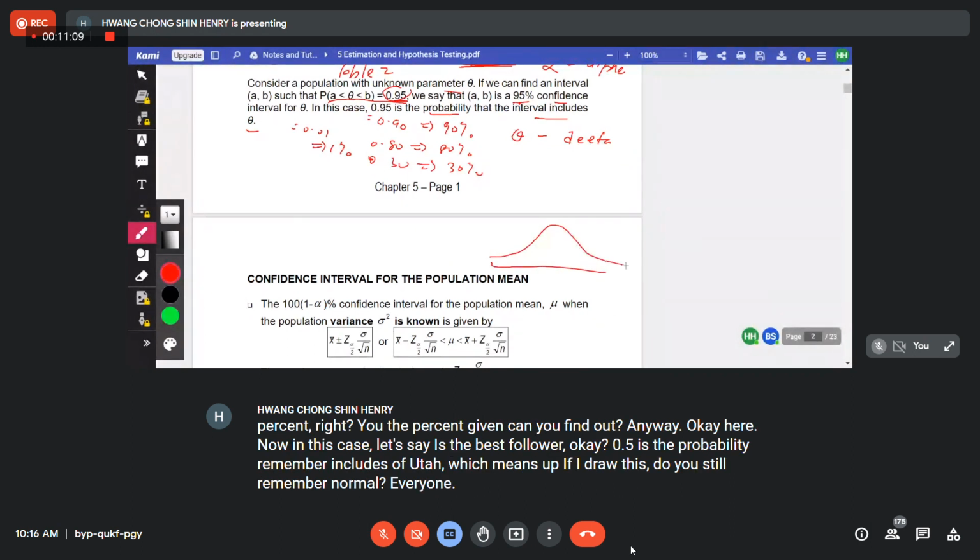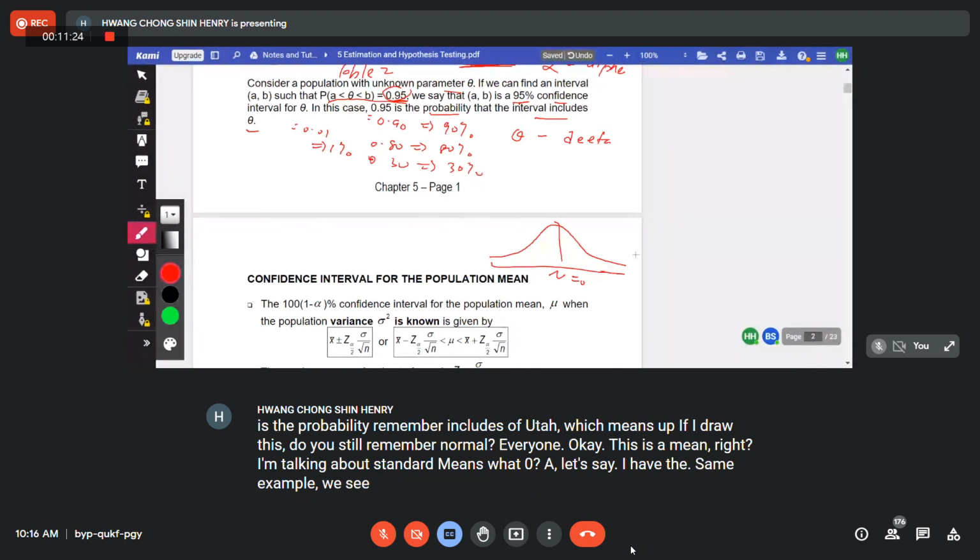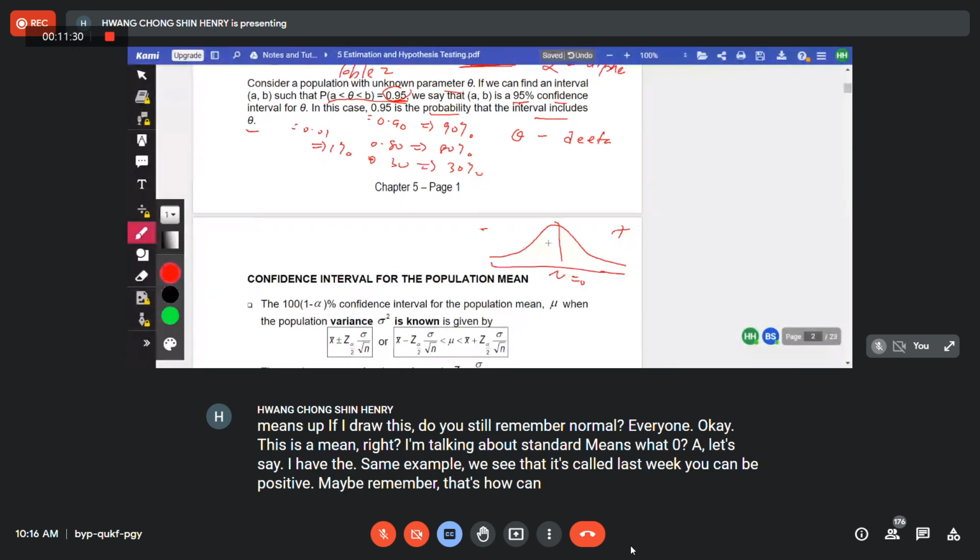Everyone? Okay, this is your mean, right? I'm talking about the standard normal. The mean is what? 0, right? Okay, let's say an example. You saw the z-score last week, right? It can be positive, it can be negative. Do you remember? The z-score can be positive or negative.